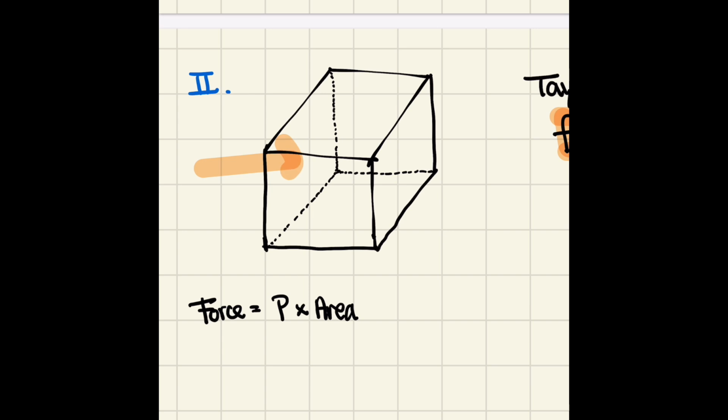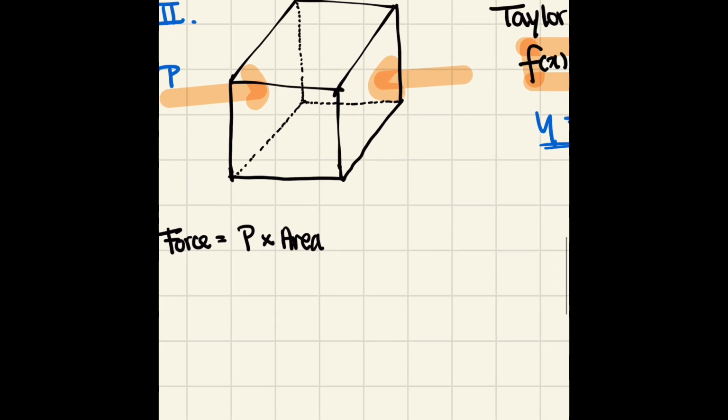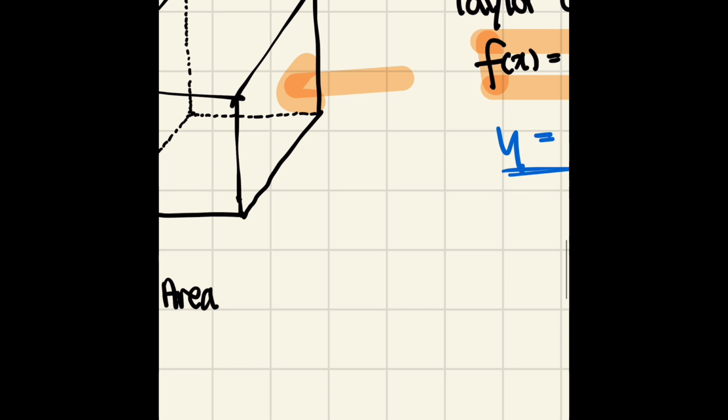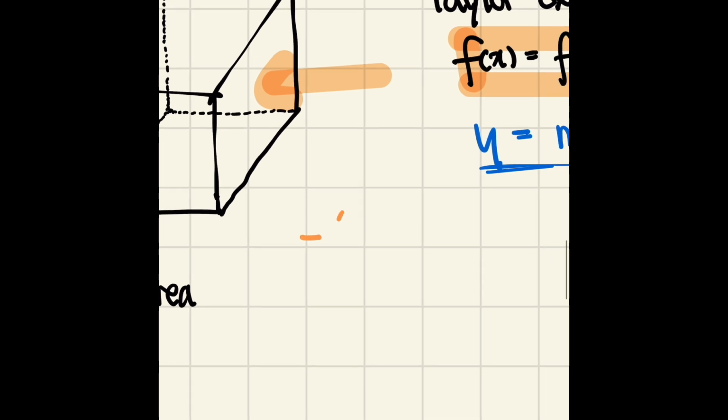Then we know that the pressure is P. Then the pressure force that is applied on the other side of this particle, using the Taylor expansion, will be negative because it's on the other side, of P, which is the original pressure, plus partial P, partial x, dx.